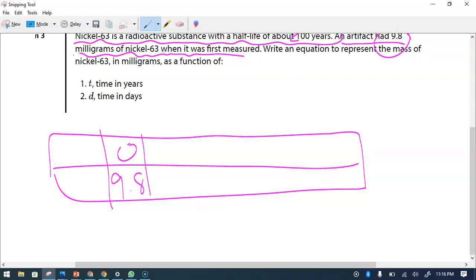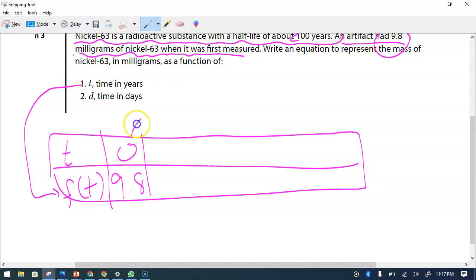So the t is here. This is t, and this one, let's call it f of t. The first question here is in t years, we want to have an expression for that.